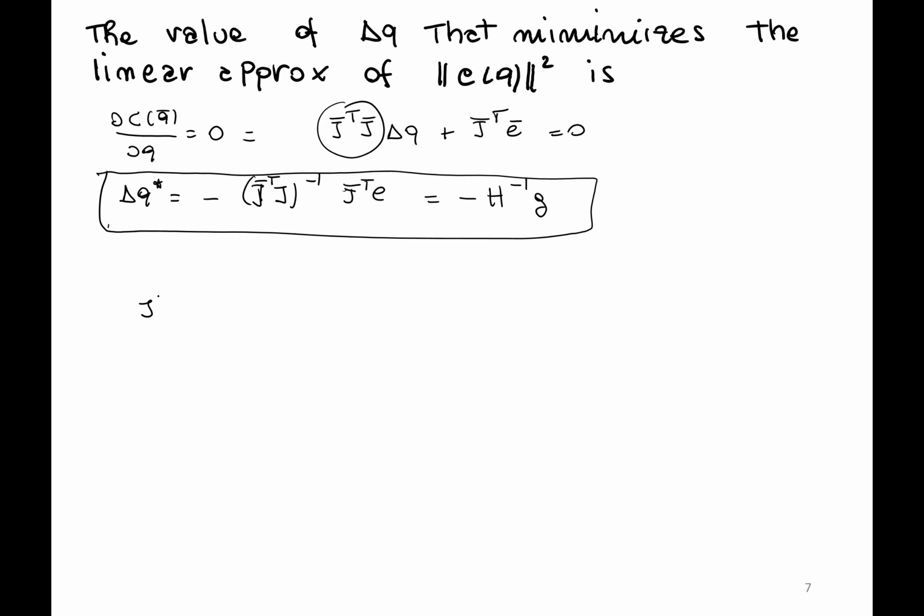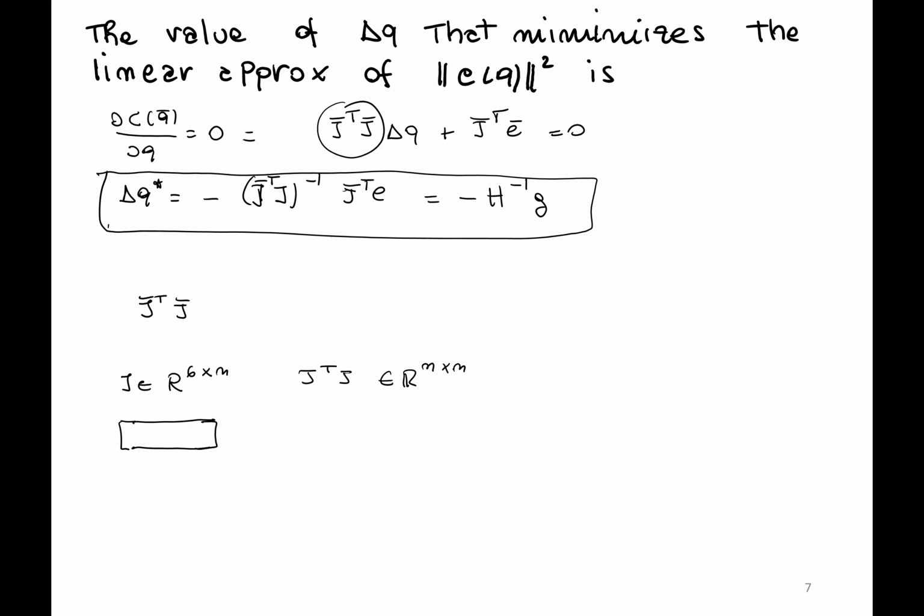Because if the matrix, let's say, is, for example, 6 times n, because you have n degrees of freedom, we have a redundant robot. We will define later what a redundant robot is. And in the case of a matrix J transpose J, it's a matrix n times n.